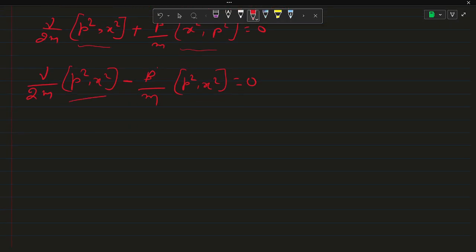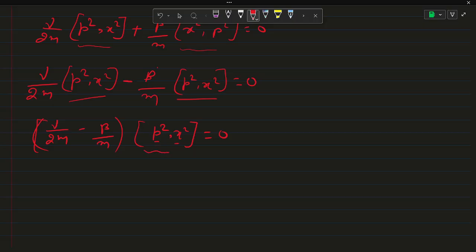So now both the commutators are the same, so we can take it common. Gamma by twice m minus beta by m, p square x square is equal to 0. So here the commutation is for position and momentum and position.